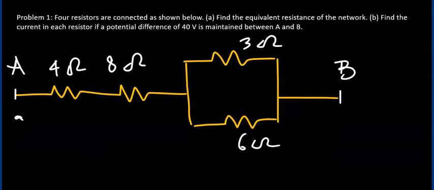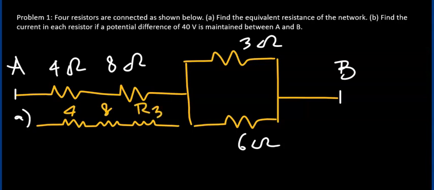So let's do part A. First, let's combine the 3 ohm resistor and the 6 ohm resistor. The result of combining them will result in a circuit like this. So this is a 4 ohm resistor. This is 8. Let's call this R36. This is the equivalent resistance by combining the 3 ohm and the 6 ohm resistor.